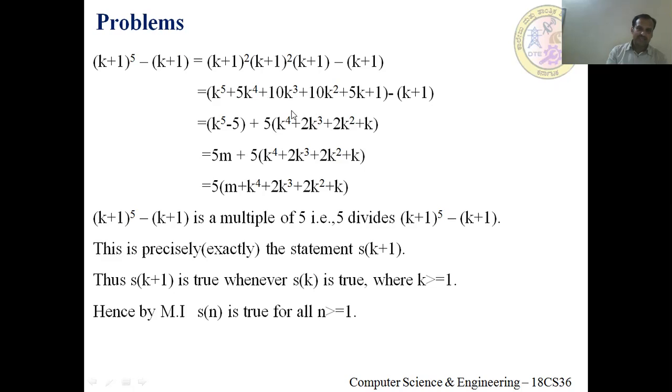If I take k to the power of 5 minus, sorry, it has to be k here, k to the power of 5 minus k, I am going to bring some terms to one side: k to the power of 5 minus k, plus, taking 5 as the common factor, k to the power of 4 plus 2k cube plus 2k square plus k.